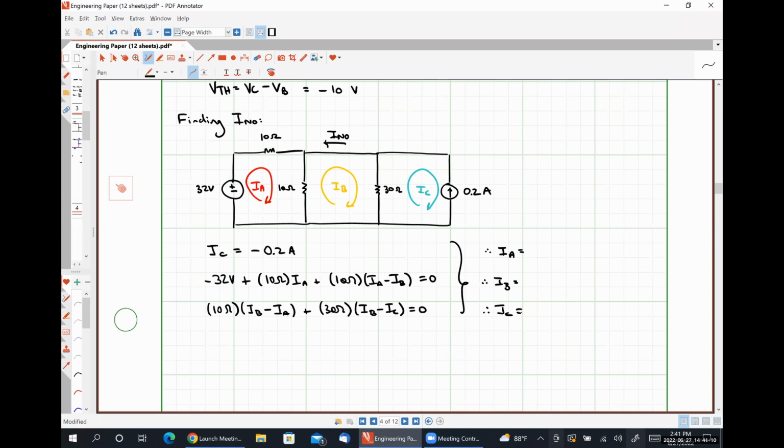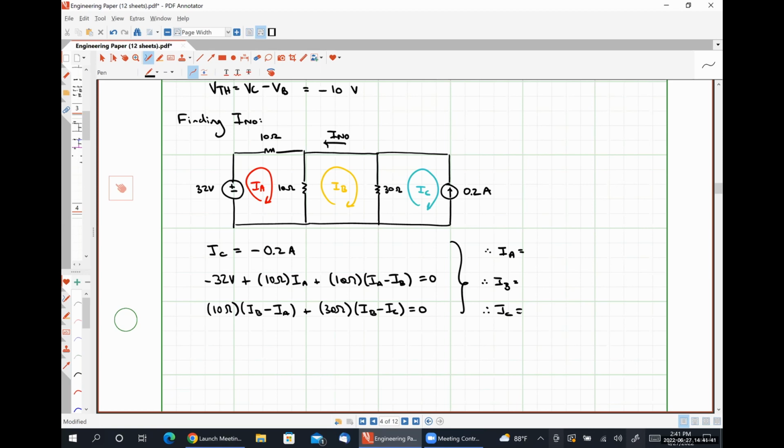So just going to put this into my calculator. All right, so in my first equation, I have 0 IA, 0 IB, 1 IC is equal to negative 0.2. In my second equation, I have 10 IA plus 10 IA, so that's 20.